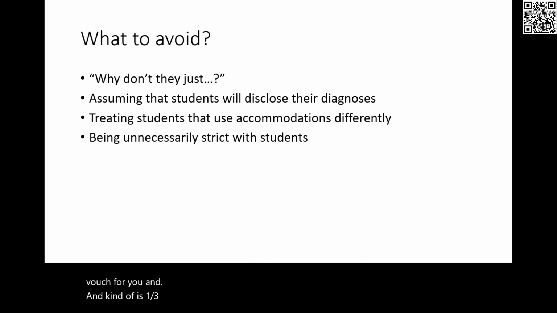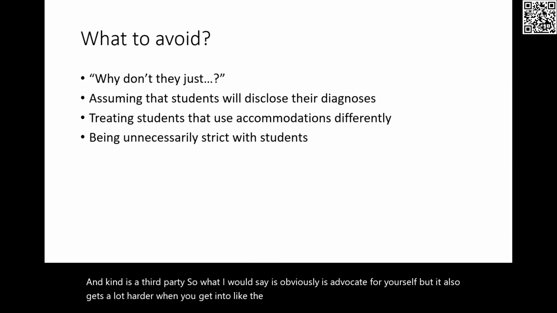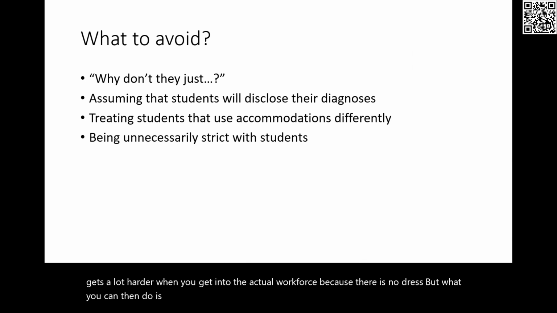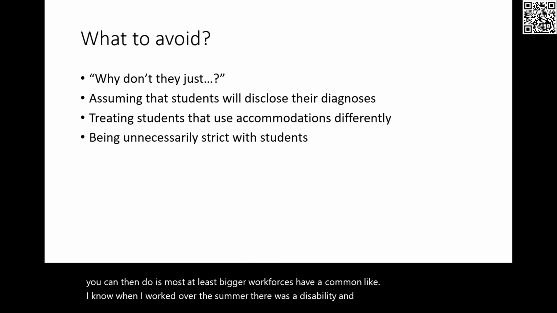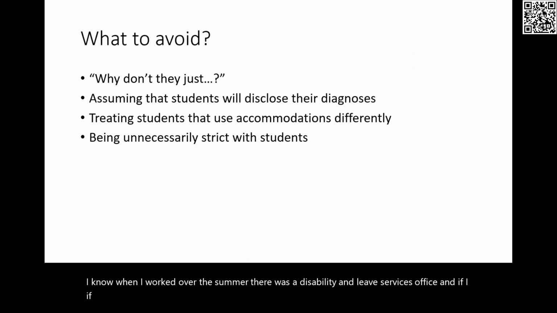So obviously advocate for yourself, but it also gets a lot harder when you get into the actual workforce, because there is no DRES. But at least bigger workforces have something. When I worked over the summer, there was a disability and leave services office. And if there were issues, I could have gone to them.